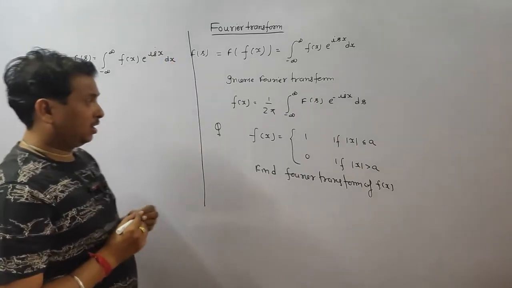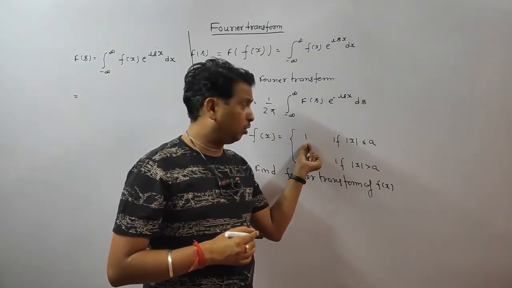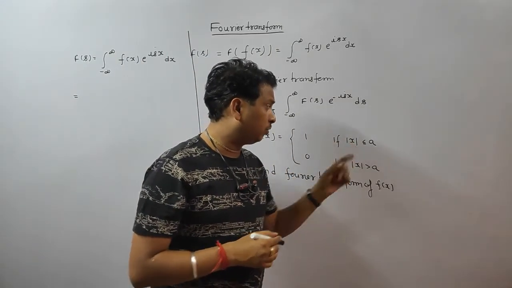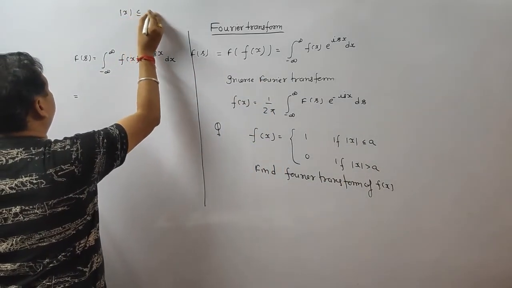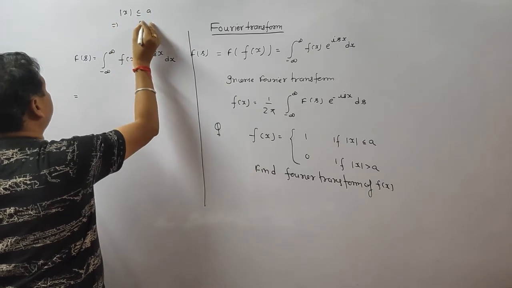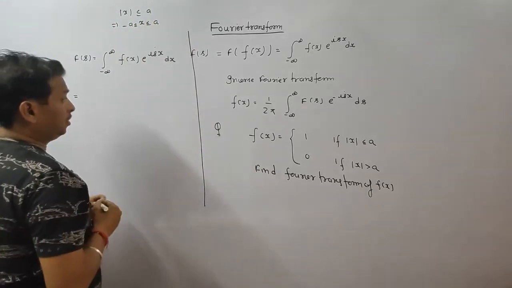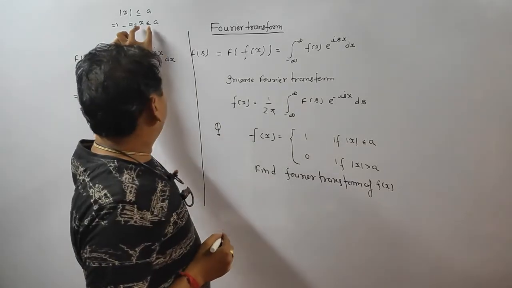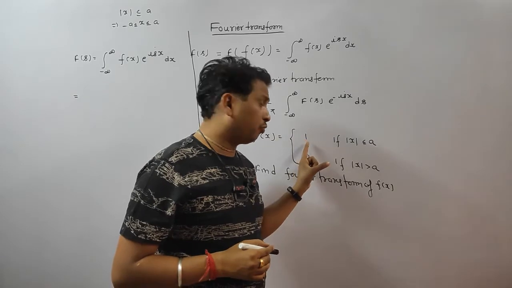Now see, f(x) is defined only for x values where mod x is less than or equal to a, meaning x lies between minus a to plus a. So only for these values, the value of the function is 1.